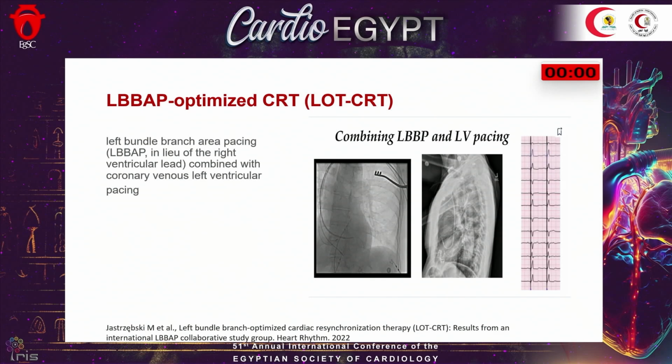What about combining CRT with left bundle area pacing? This is the LOT CRT device, just two slides. They used a special DF1 connection to allow placing a lead in the left bundle pacing area and an LV lead inside the coronary sinus.